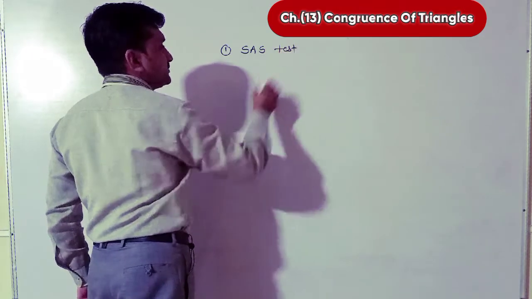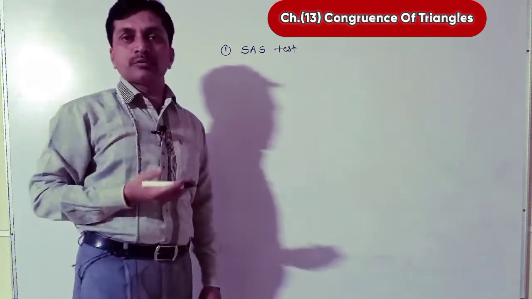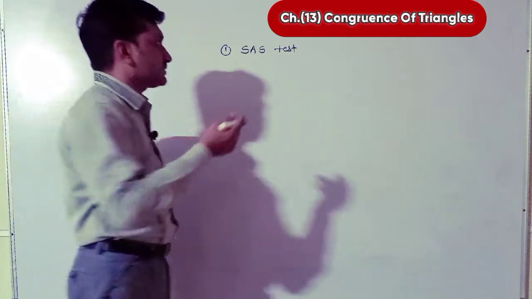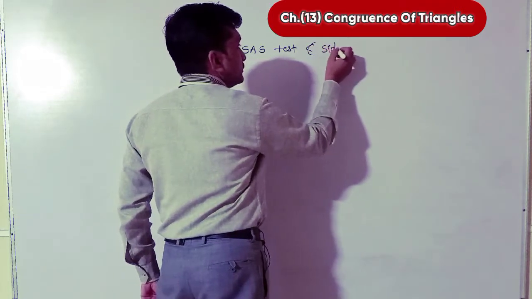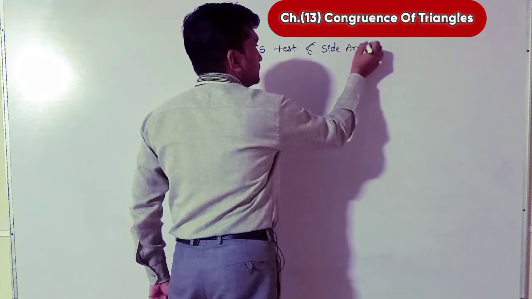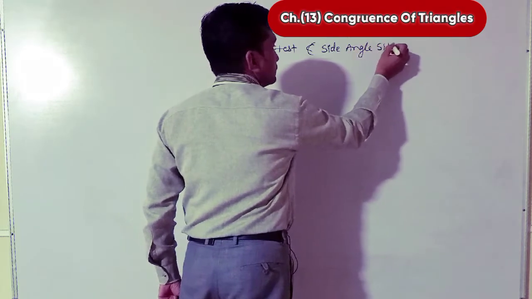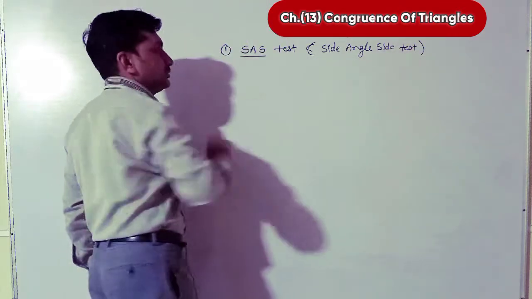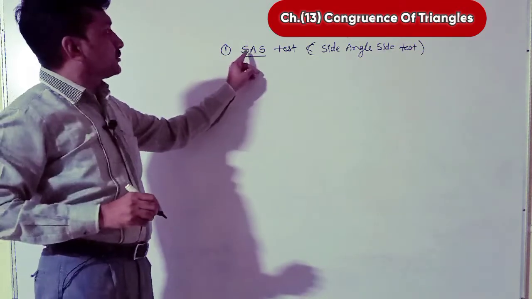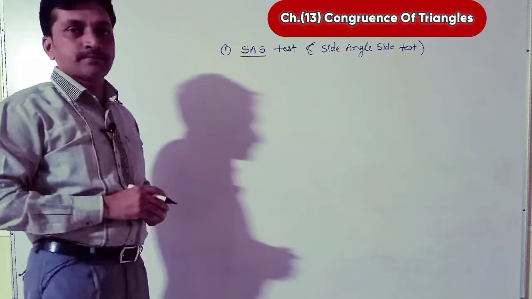Now SAS, long form of this is side angle side. Side angle side test. SAS test. Now as you see here are two sides and one angle.